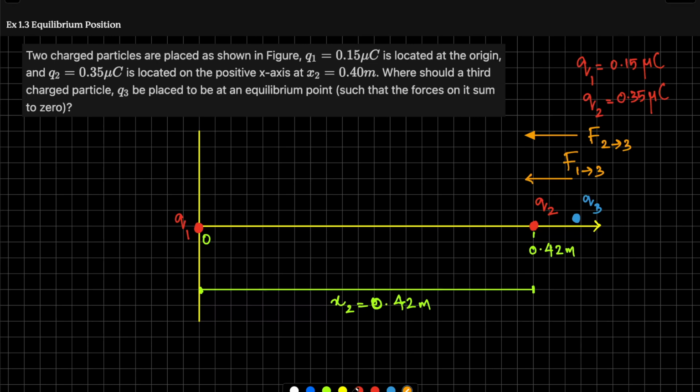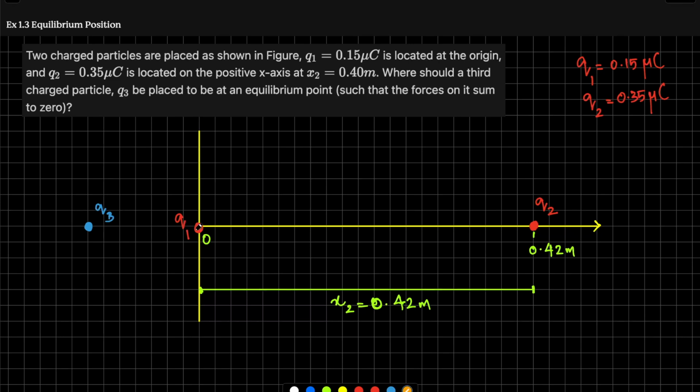Let's see what happens. We can't do this one because the forces are in the same direction, so let's move Q3 to the left side of Q1, here. Now again Q3 will be affected by forces from Q1 and Q2. Let's find out the direction of these forces.